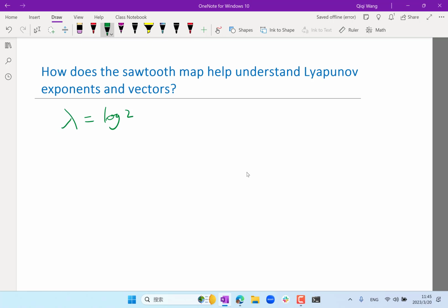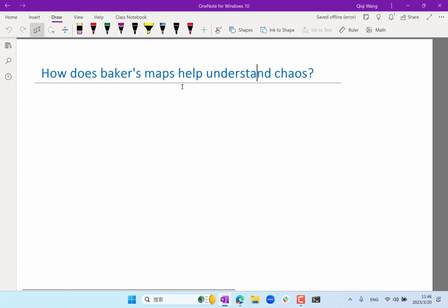If you're contracting by a factor of 3 every step, you would have negative log 3. So this is basically true for anything. And the vector is basically the direction; because we just have a one-dimensional map, there is really just one direction, so it doesn't matter here. But this is going to be useful as we extend the sawtooth map into something known as the Baker's map. So here is the Baker's map.